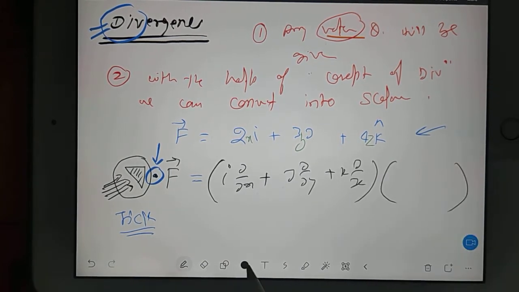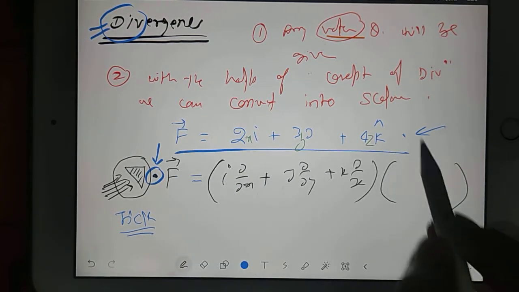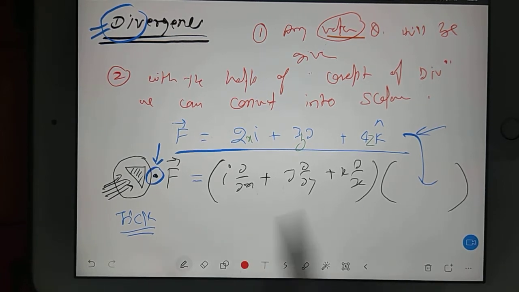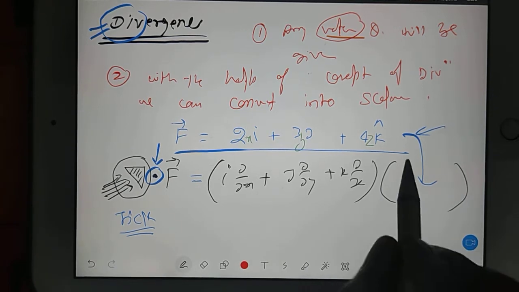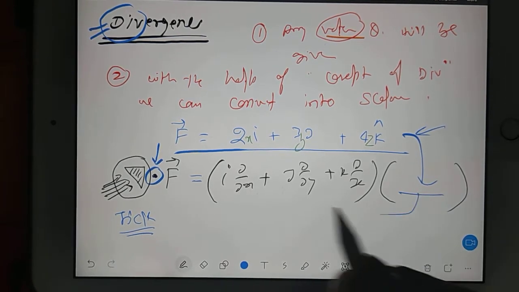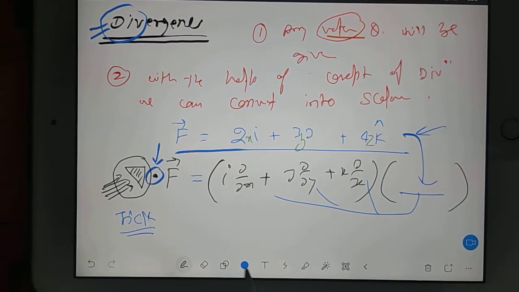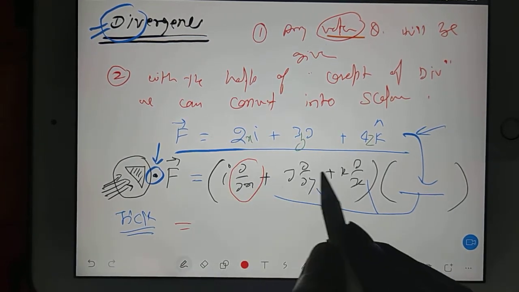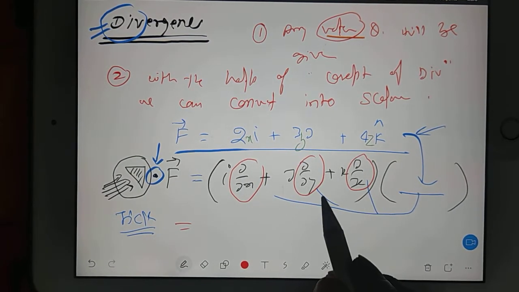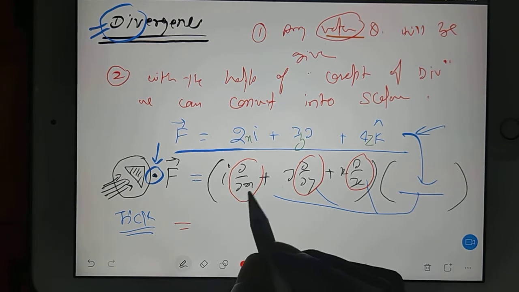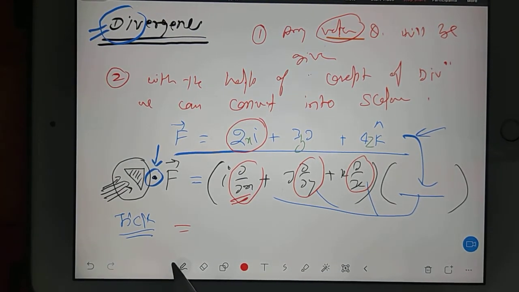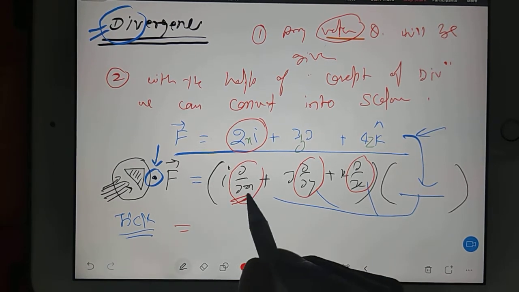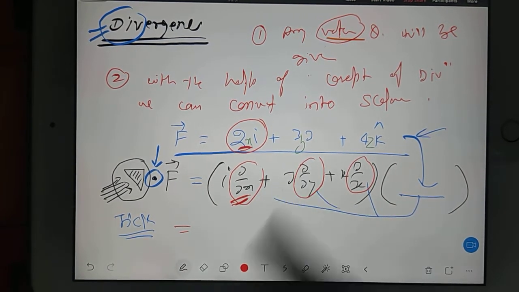Then whatever vector is given, not only force, it can be any vector, substitute it here. After that, this bracket you send here, here and here. Then these operators will do their job. What is their job? Differentiate. So dou by dou x will differentiate this portion and give you 2.